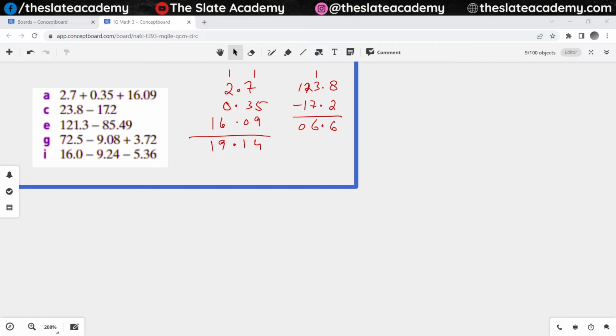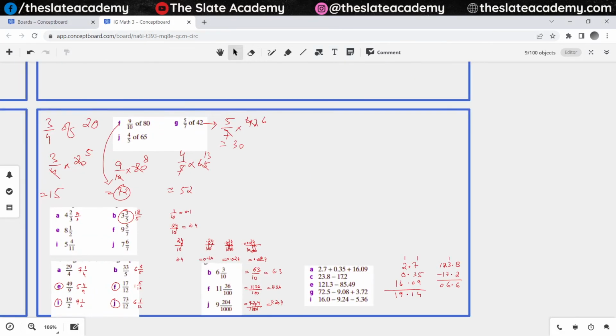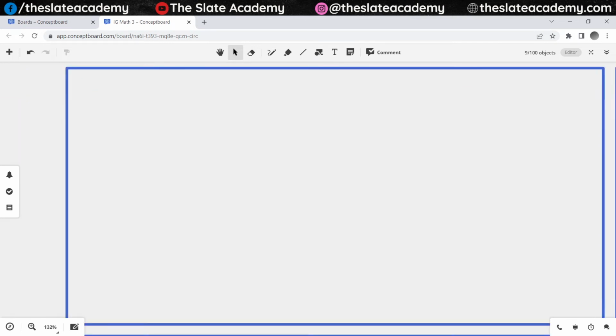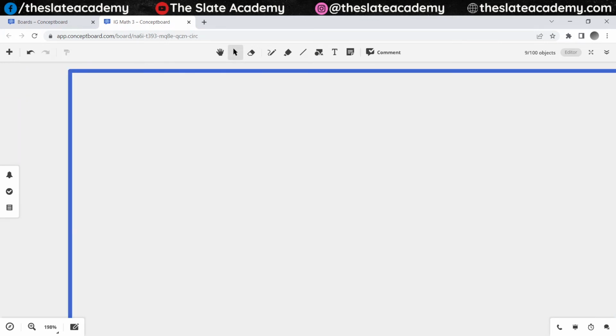First of all, for percentage, we have to understand what this word means, percent. Percentage means per 100. So if I have something written 97%, it would mean 97 out of 100.